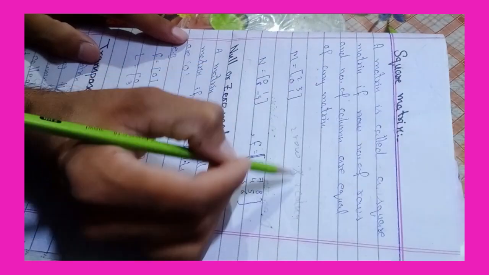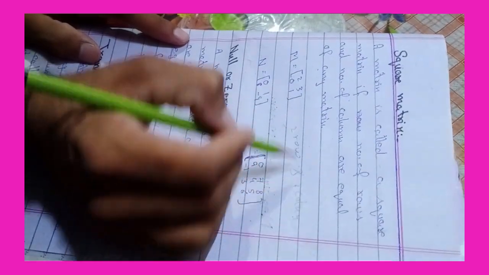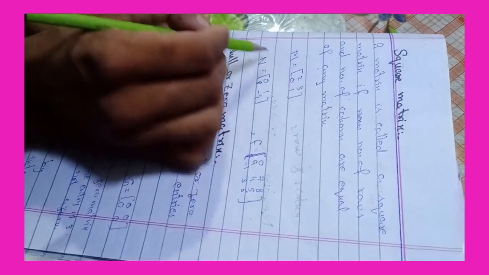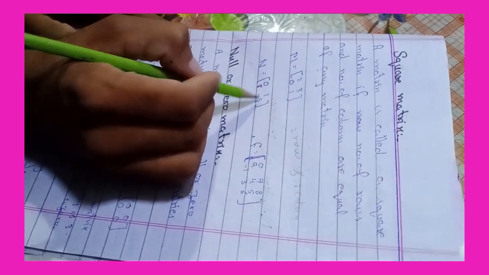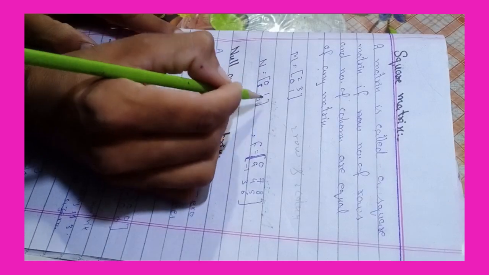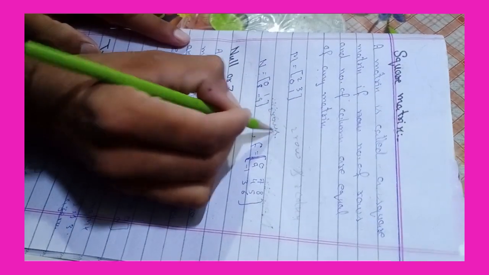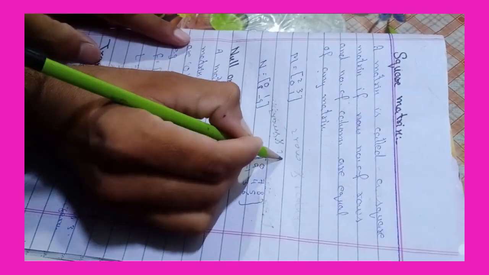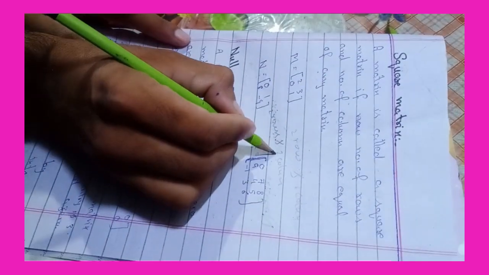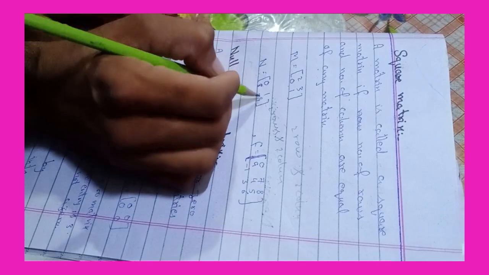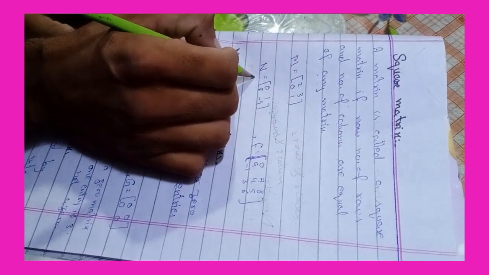The number of rows and the number of columns are equal, so these are called square matrices. Next is N, 0, 1, 8, minus 9, with two rows and two columns. The number of columns and the number of rows are equal, so these are called square matrices.